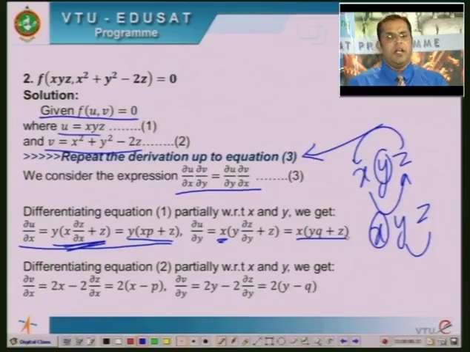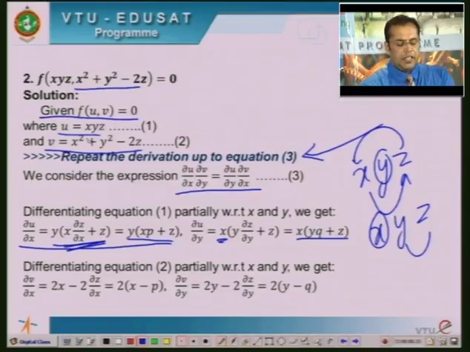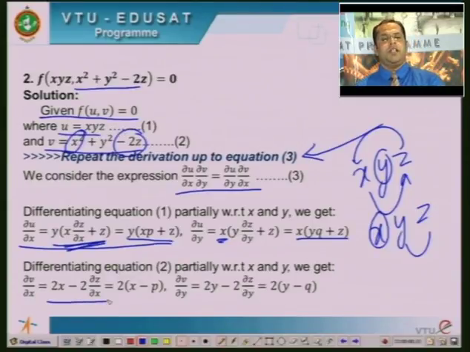which on using notations becomes x times yq plus z. Now, differentiating the expression v partially with respect to x and y respectively, first x square gives 2x, y square is 0, minus 2z changes to minus 2 dou z by dou x, or when you take 2 common, it is 2 times of x minus p.